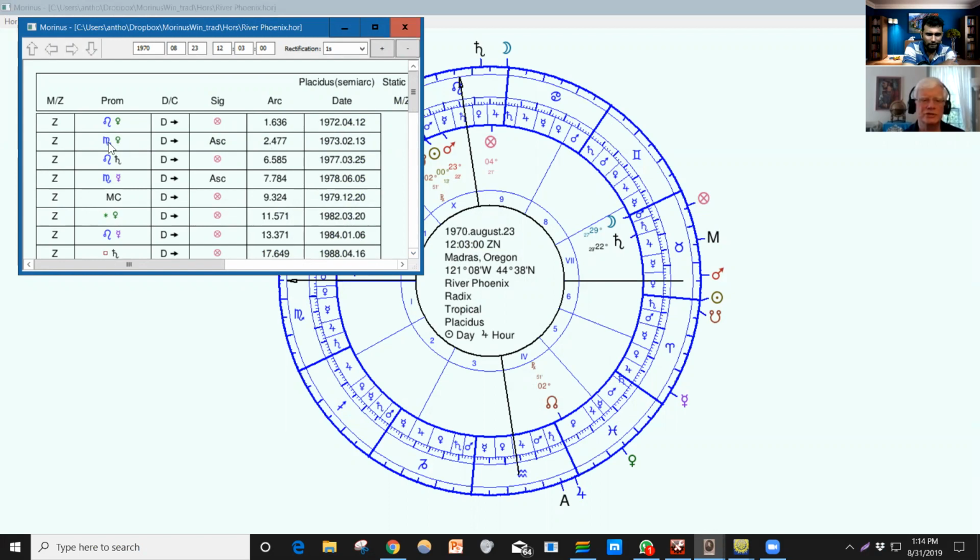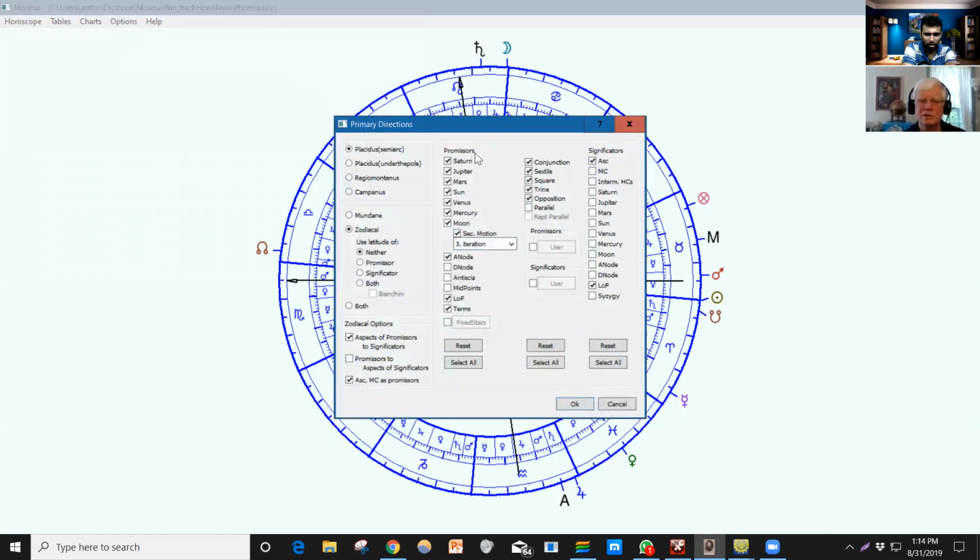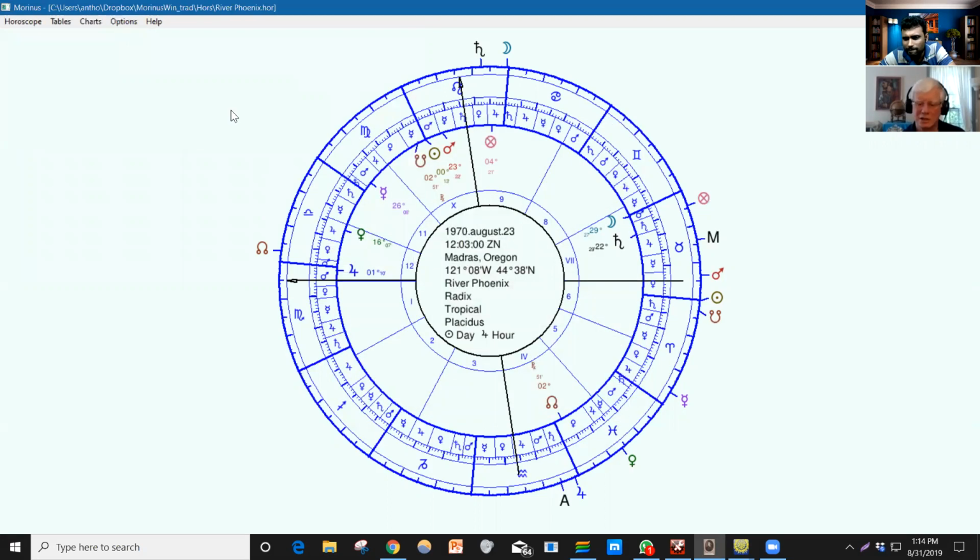He's in a Venus in Scorpio bound, which symbolically could represent a rape. But if we go back to the list of promisors, we put in the Antitia, which Morinus recommended. He said not only the planets, but their anti-scions are significant. So let's direct the anti-scions as well. And let's go back and look at that period.